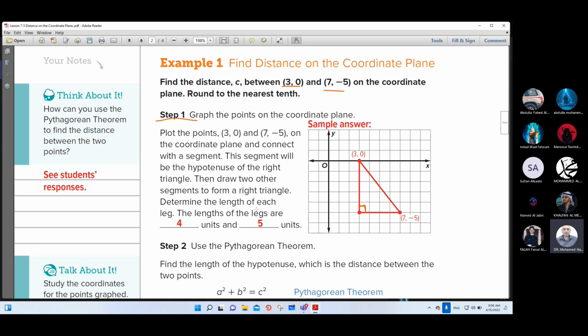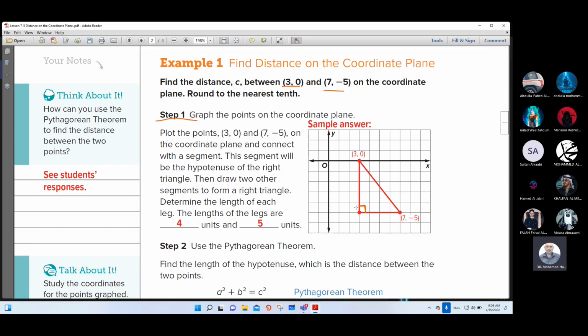Determine the length of each leg. As you see, you can count here 1, 2, 3, 4, 5. So vertically we have 5, and here 1, 2, 3, 4. So horizontally we have 4. So the lengths of the legs are 4 units and 5 units.